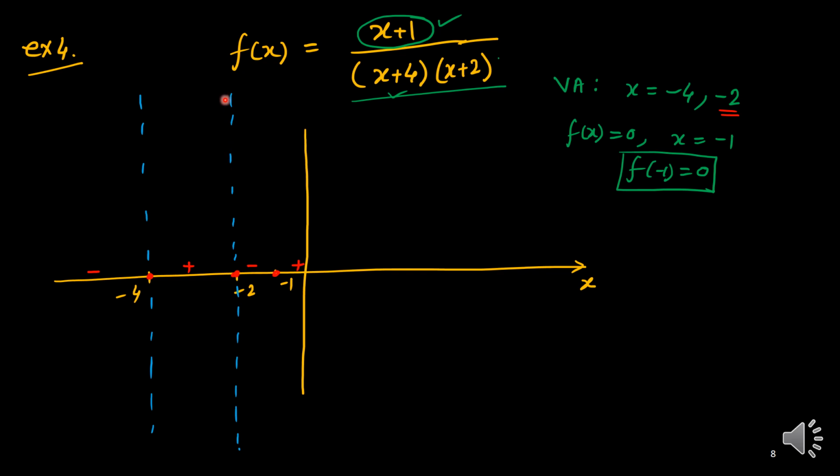It will come down from positive infinity this side, and right side it will start from -infinity, it will go towards this side. And here this is 0. At f of -1 it will become 0, so it will cross the x-axis at this point. So I can expect it will start from here and go through this point.